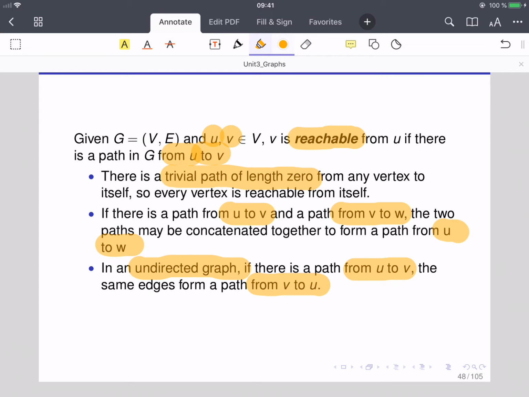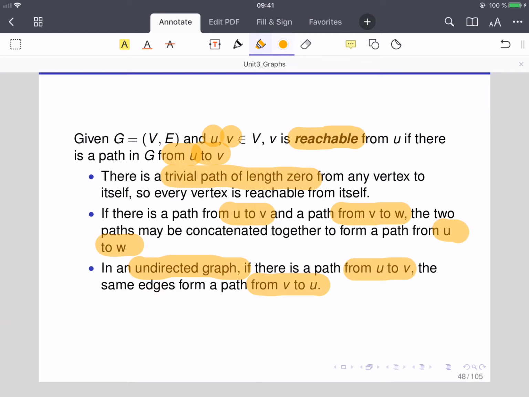It's not important to remember all these details about what is an equivalence relation that you may have studied in algebra, for instance, but it is important to notice that every vertex is reachable from itself, that if we can go from U to V and V to W, then we can go from U to W, and that in non-directed graphs we have this symmetry property.